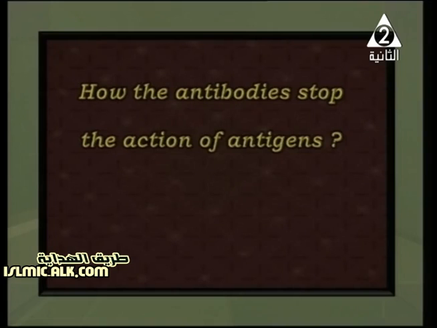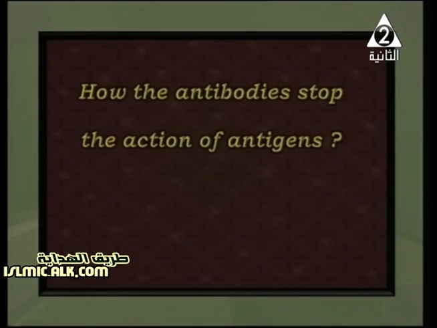And after that, we need to know how the antibodies stop the action of the antigen. Well, we have 2 or 3 different mechanisms for stopping the action of the antigens.